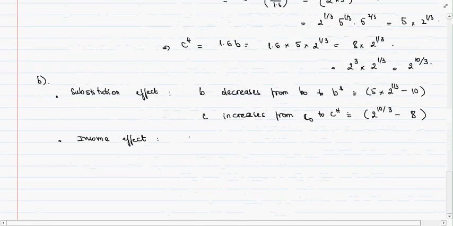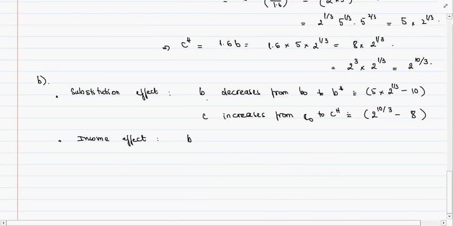Okay, so the income effect is B moving from BH to B1 and C from CH to C1.